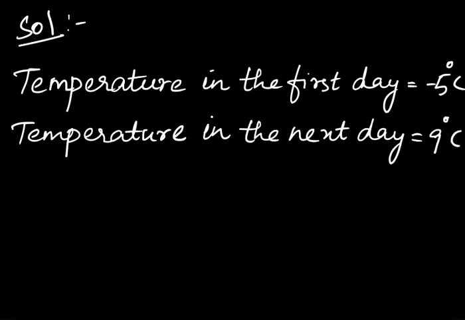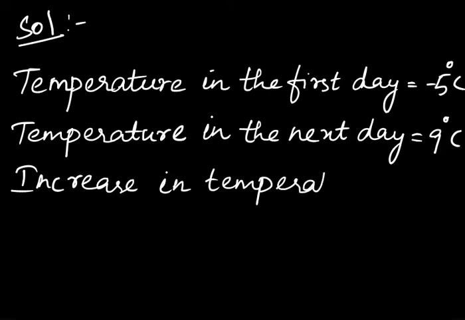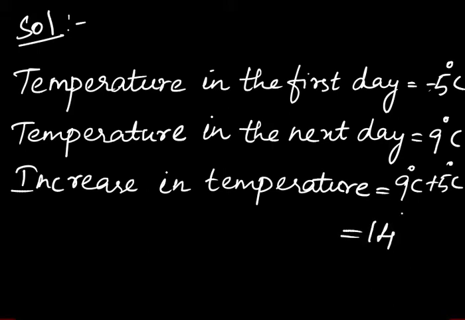So we need to find the increase in temperature. From minus 5 to 0 we have 5 degrees Celsius, and from 0 to 9 it's 9 degrees Celsius. So we need to add 9 degrees Celsius plus 5 degrees Celsius, which is equal to 14 degrees Celsius.